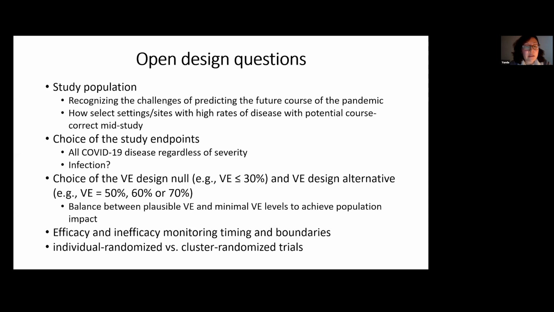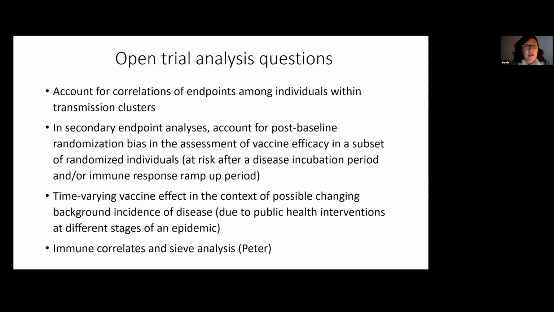There is also more work in setting up the right efficacy boundaries, inefficacy boundaries, and monitoring timings, as well as a hot topic about how we do the randomization in the individually randomized trial. And we know it may be done in a cluster setting. Another possibility would be a cluster-level randomized trial. Those are just a sample of possible design questions in such a context.